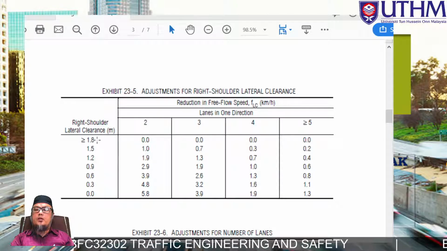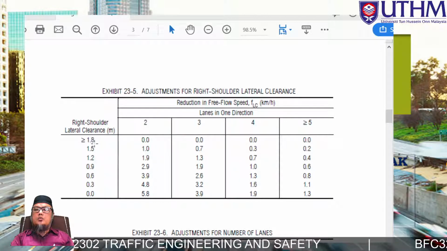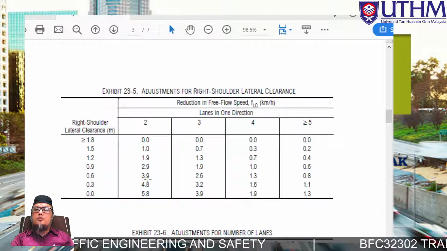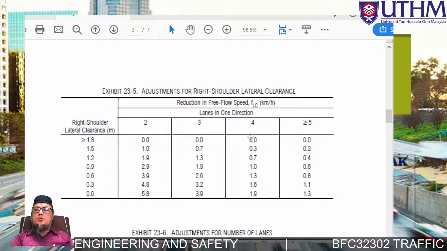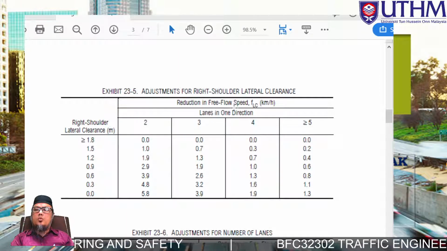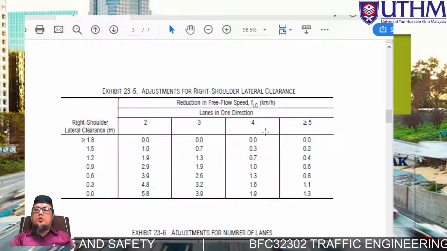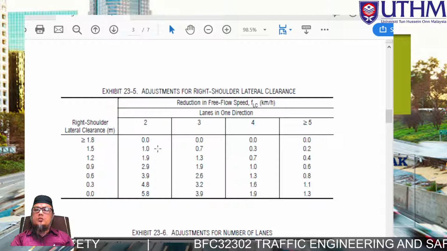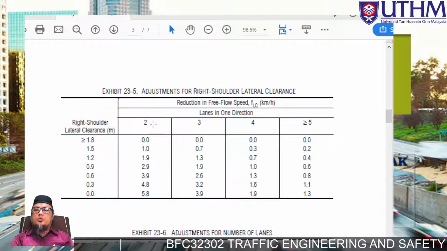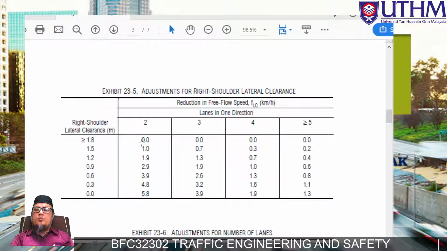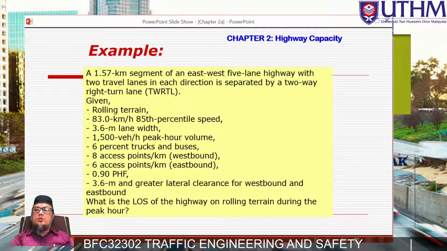But if you take the median and two shoulders together, suppose 3.8 divided by 2, so still over 1.8. So in this particular area, one direction has 2 lanes, not 4 or 5. Per direction, we concentrate on eastbound. So 2 lanes in the eastbound direction. So over 1.8 is 0. So consider 0.